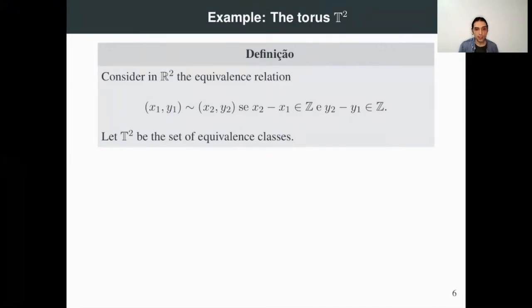Let's consider in the plane the equivalence relation that relates two points, (x1, y1) and (x2, y2), if the difference of the first coordinates is an integer number and the difference of the second coordinates is also an integer number. And let's say that T2 is the set of equivalence classes.